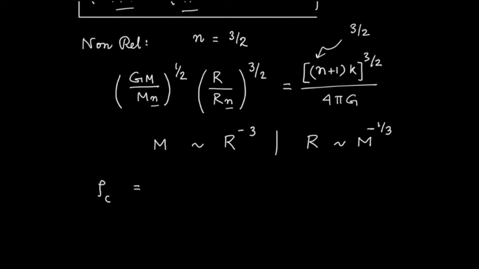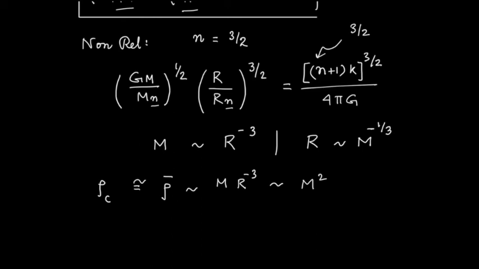So the core temperature near the center of the star, we saw that this goes similarly as the average temperature, and the average temperature goes as M R to the minus 3, which means this is R to the M square.